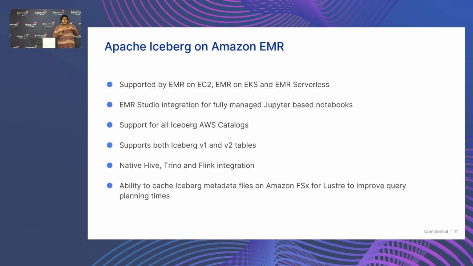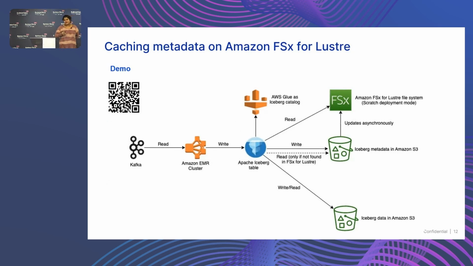But when you're working with an object store like S3, sometimes that alone is not sufficient. You would need to make sure that you're achieving the read-write throughput that you really want. And that is the reason why we allow you to store your metadata files on FSx for Lustre, which is essentially a fully managed file system. This is very, very highly performant as well. And I'm going to show you the architecture of that.